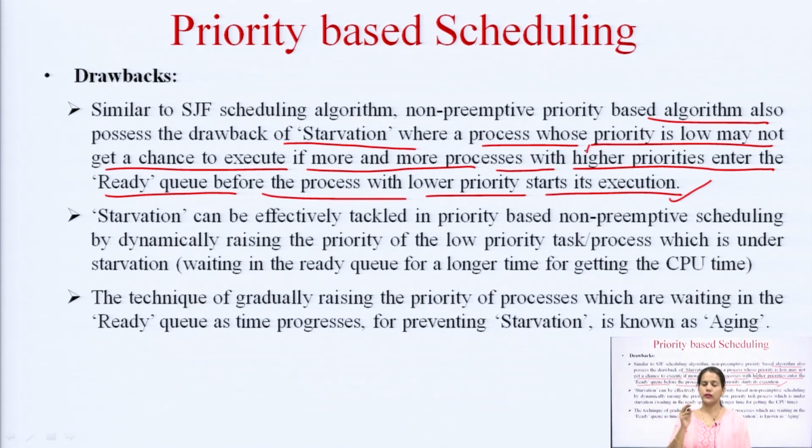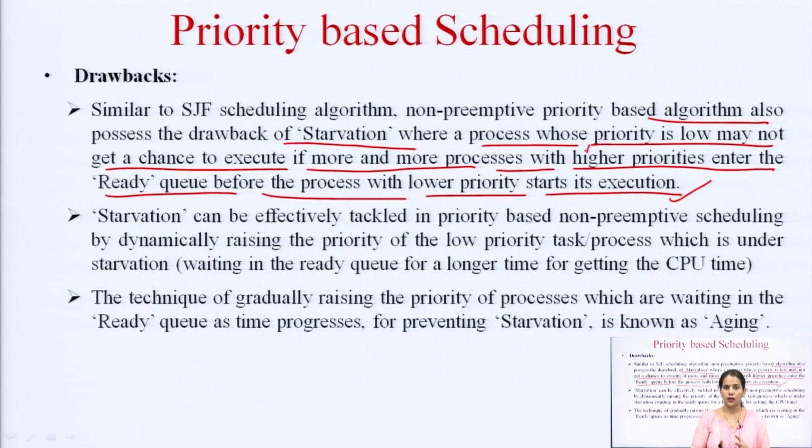Suppose a higher priority task is being executed, and the low priority task is waiting for the CPU. Now, as soon as the higher priority task is going to get over, but before the low priority task could have started, another higher priority task keeps on entering the ready queue.